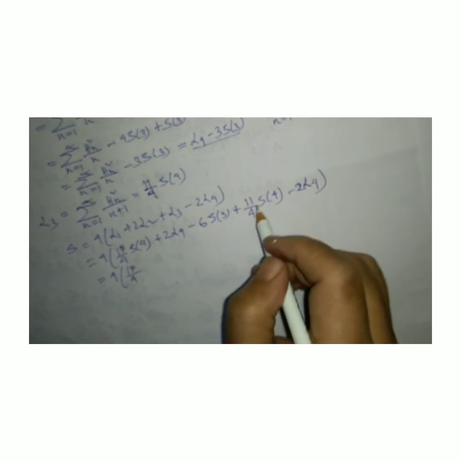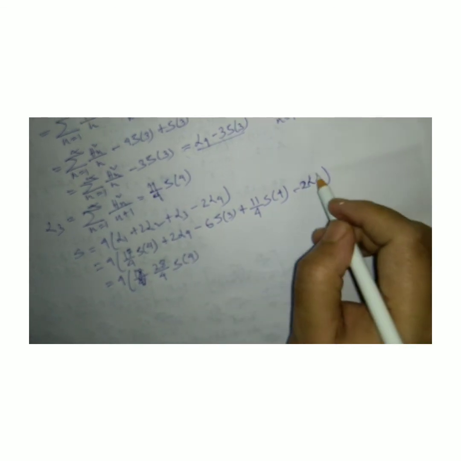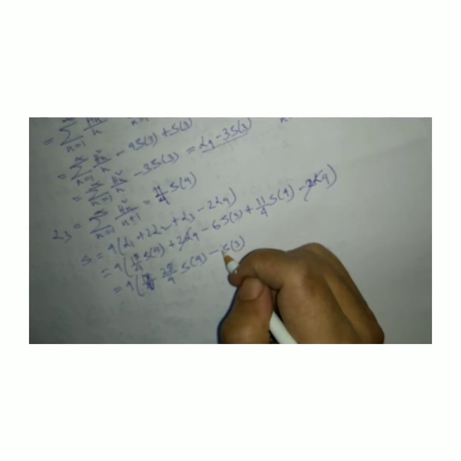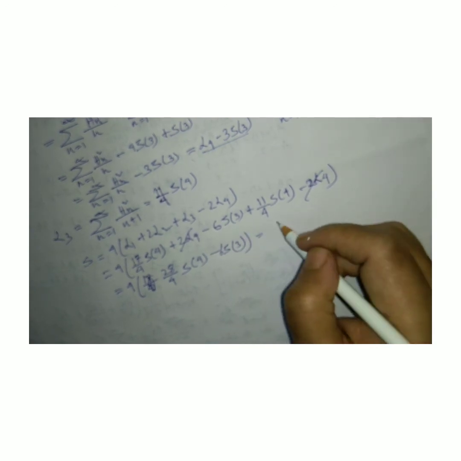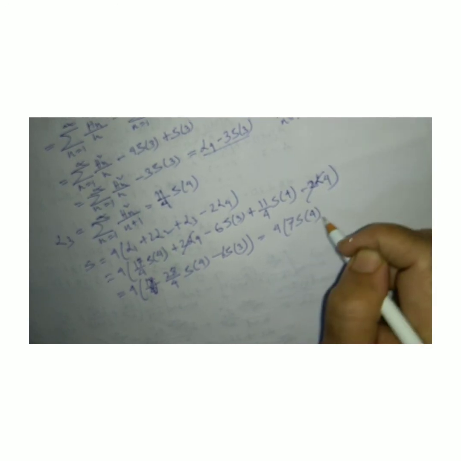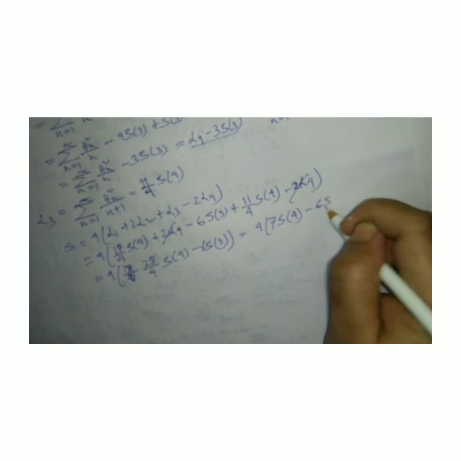However I have solved this problem, I can't explain how I solved it. 17 plus 11 means 28 by 4 zeta 4, and 2 L4 cancels, and 6 zeta 3 I can write. So our proof is 4 into 7 zeta 4 minus 6 into zeta 3.